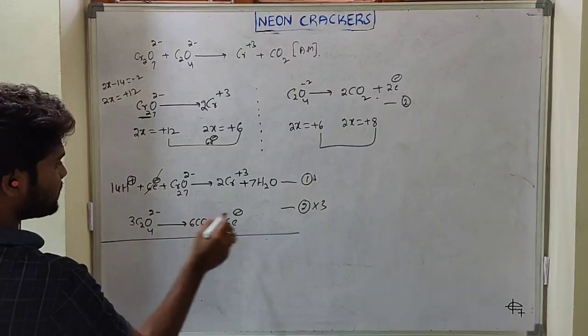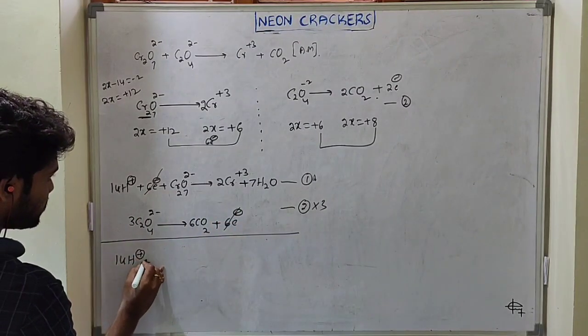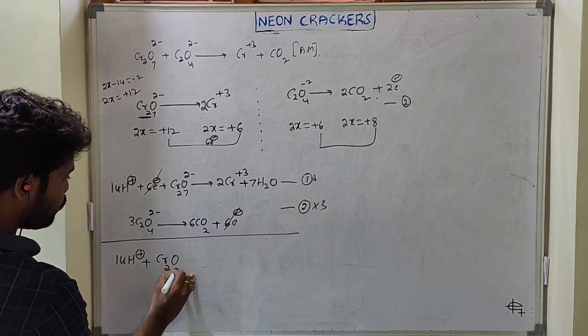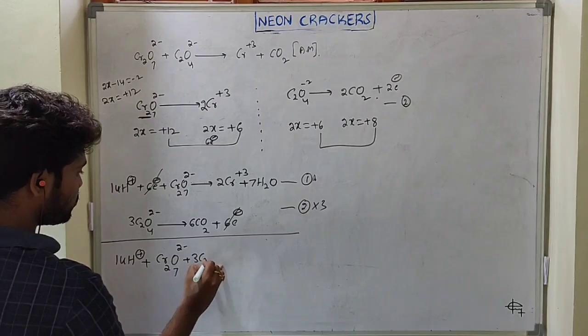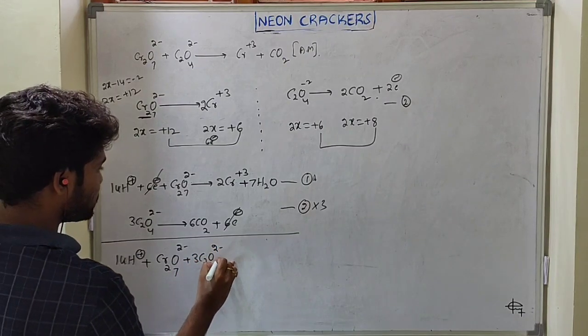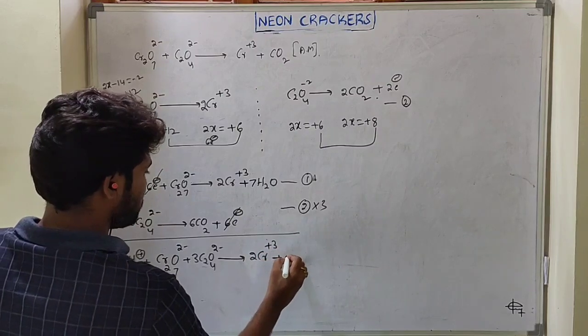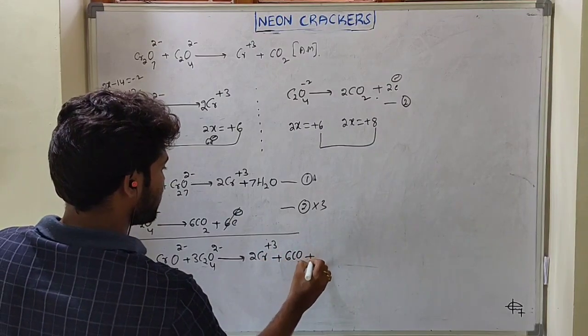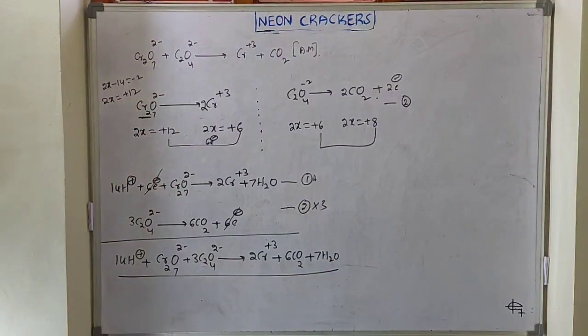Now the 6 electrons get cancelled, so 14 H plus, 1 mole of dichromate plus 3 moles of oxalate give 2 moles of chromic ion plus 6 moles of carbon dioxide plus 7 H2O. So this is our balanced equation.